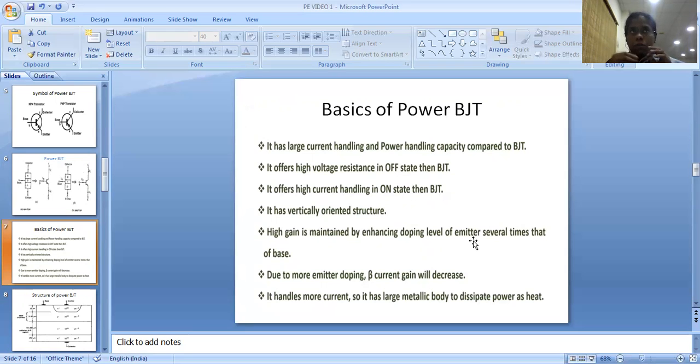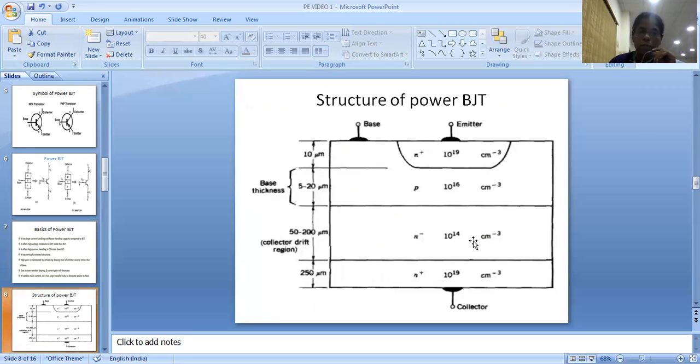In the off state, it should offer high voltage resistance, and similarly during the on state, it should be capable of handling high current. This is the thing we have to remember. A power BJT should be capable of handling high current and voltage.